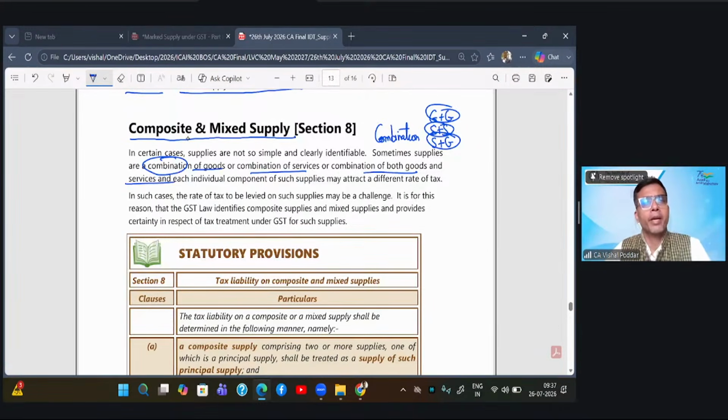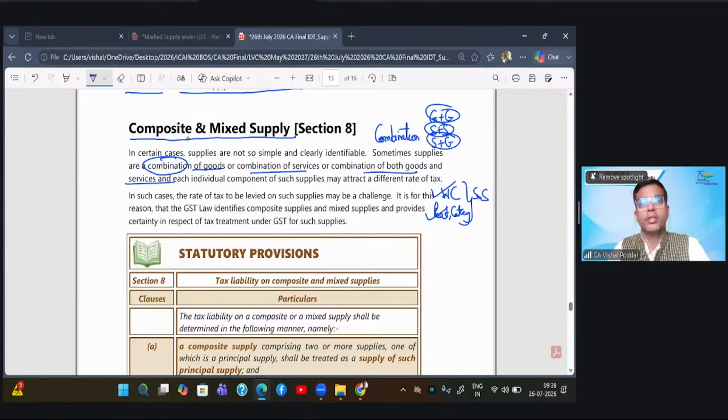In schedule 2 in para 6, two types of combination items were given. One was works contract and one was restaurant or catering service. Now for both these, it said that it has to be treated as supply of service, which means that for both these types of combination supplies, the law was very clear in schedule 2 itself that they have to be taxed as a new item like a works contract service or as a restaurant or catering service.